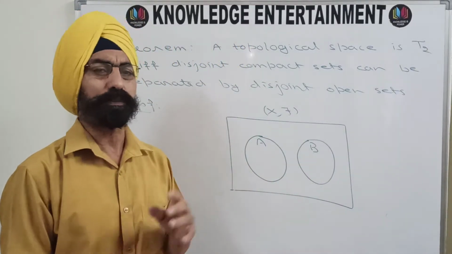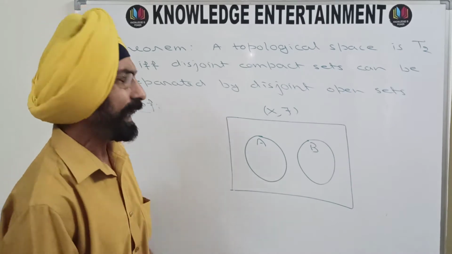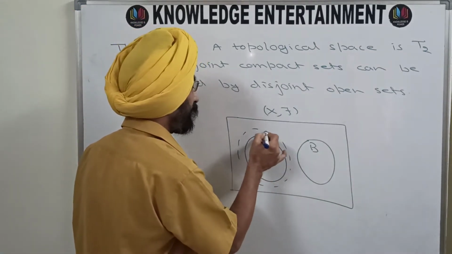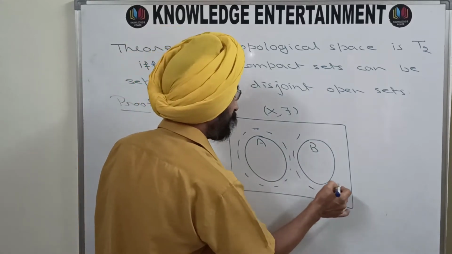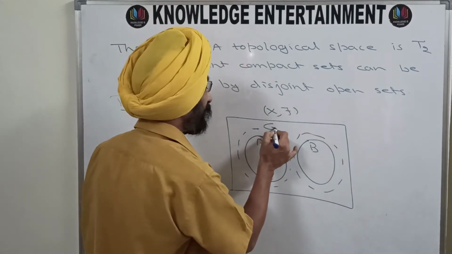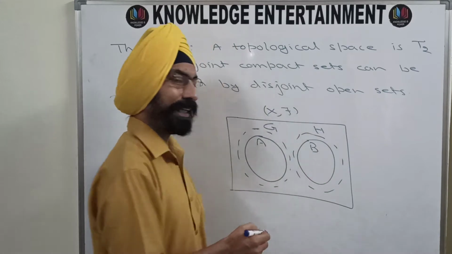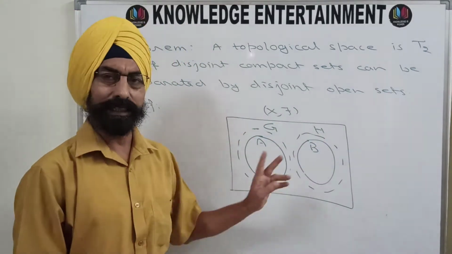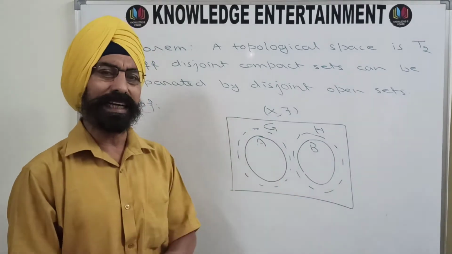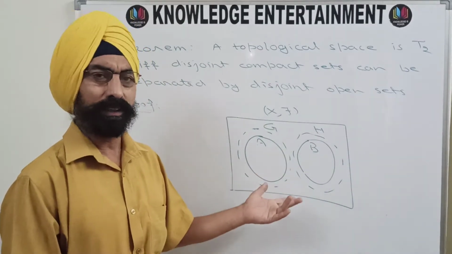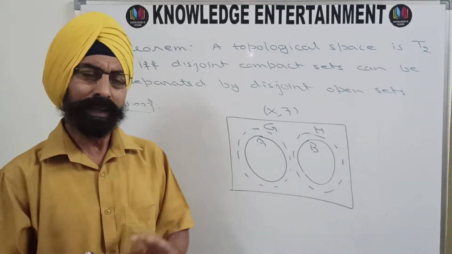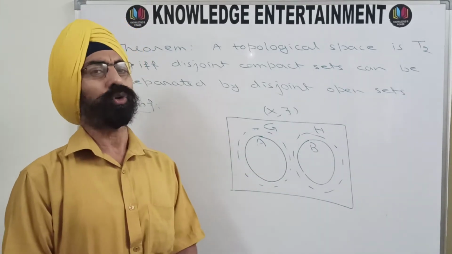For any such pair, you will always have a pair of disjoint open sets. So there will be an open set G, there will be an open set H. G will contain A, H will contain B, and G and H must be disjoint.